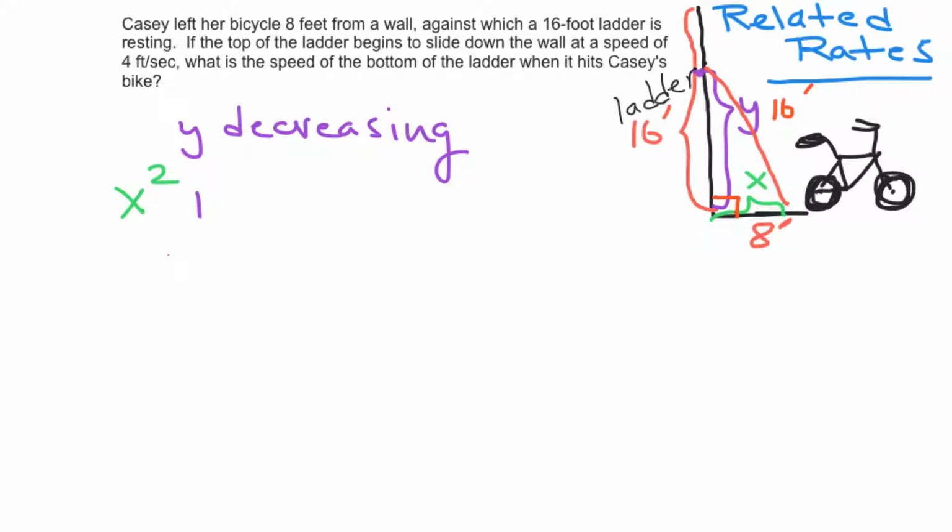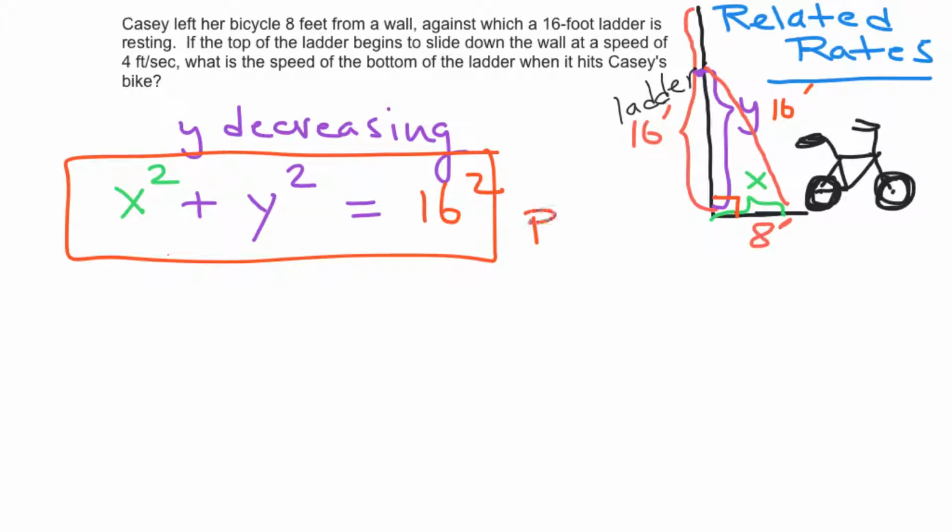So we have x squared plus y squared is equal to 16 squared, and that is the Pythagorean theorem. We'll write that out because he deserves some credit.